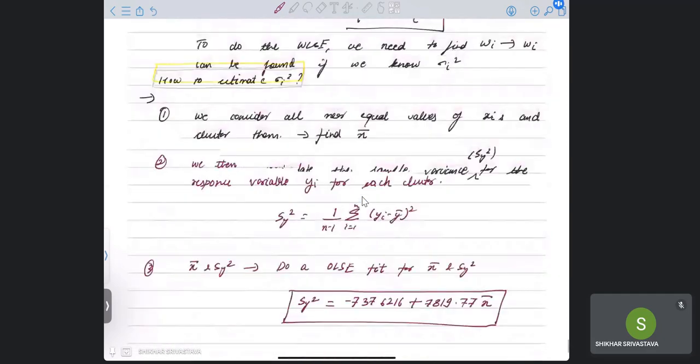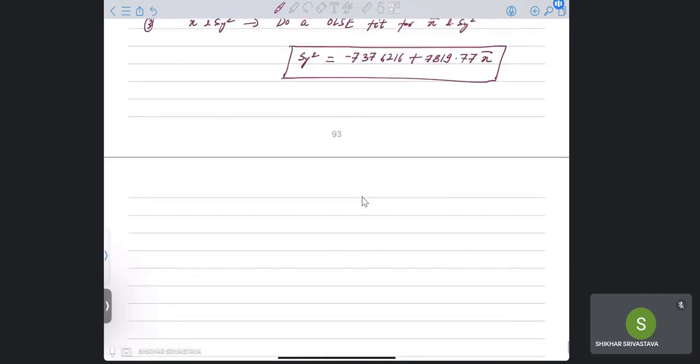So if you do a scatter plot between x bar and the sample variance sy square, you will get a kind of linear fit.